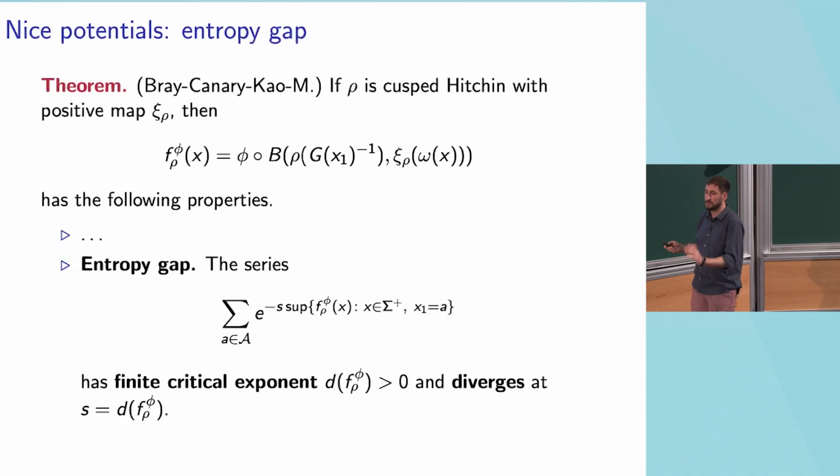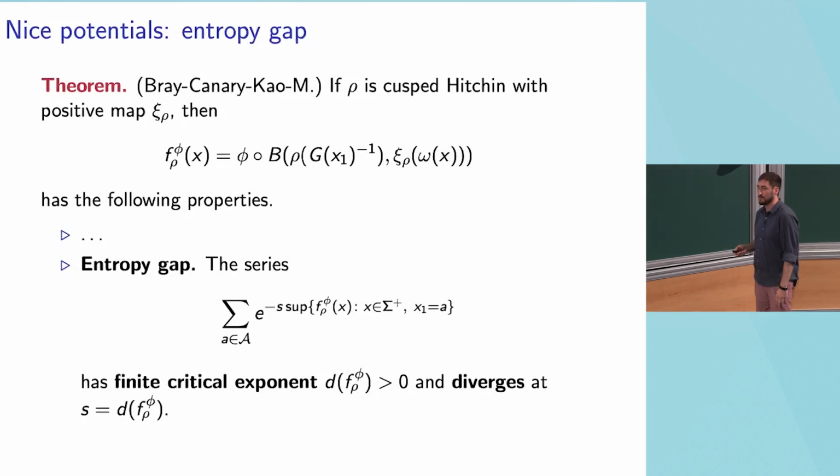I was asking about terminology. Why is this property called the gap? Well, it's related to a formalization of Schapira and Tapie, and they call it entropy gap at infinity. It's not like a gap in the sense of Sarnak, but it is closely related to the gap between critical exponents of the peripheral subgroups.